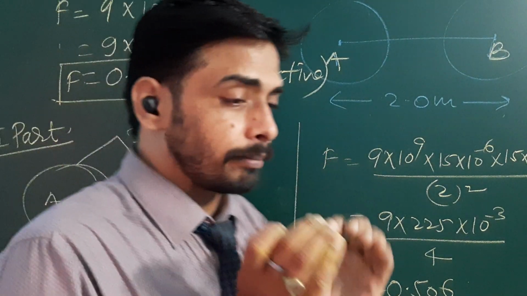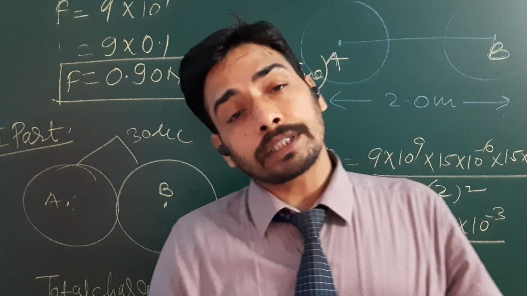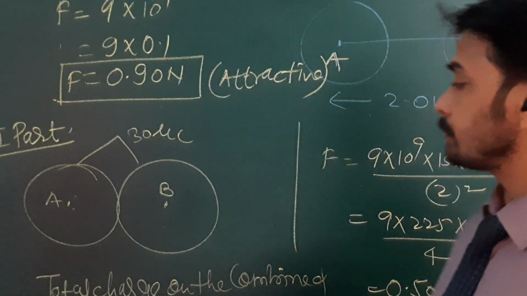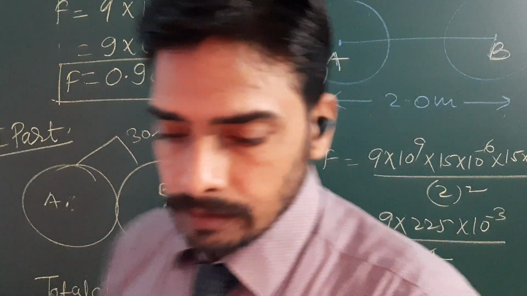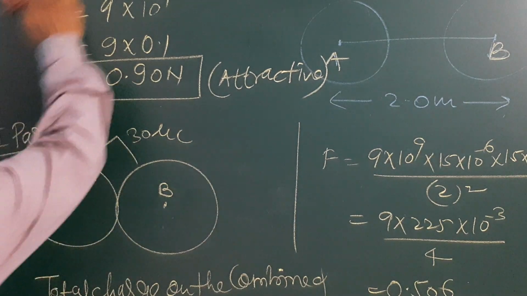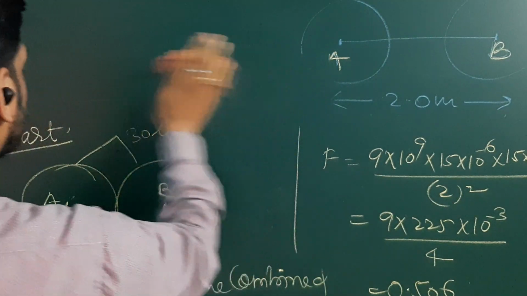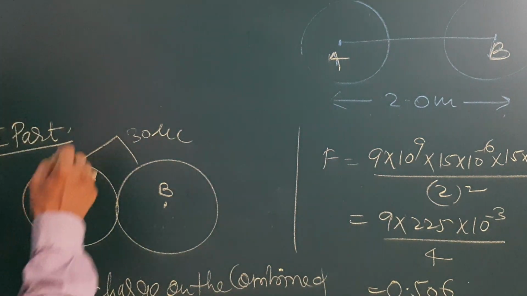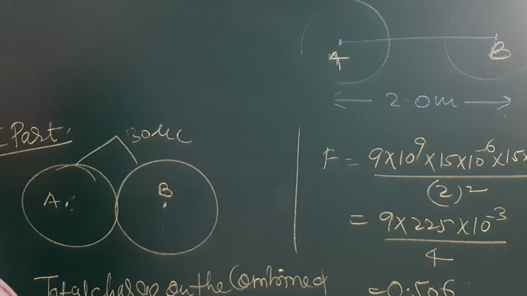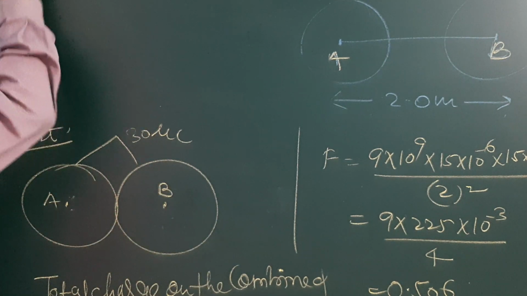When they are joined to each other and again separated by the same distance, the force between them will be 0.51 newton. And now the last part is, it is saying that any one of the spheres is connected to the earth. Okay, third part, let's try to see.